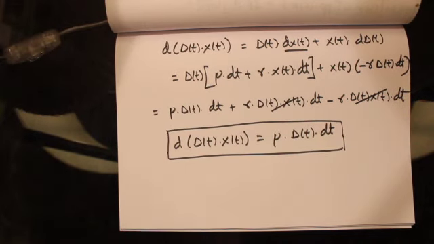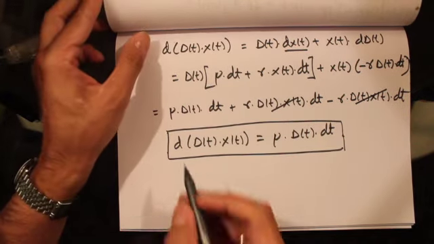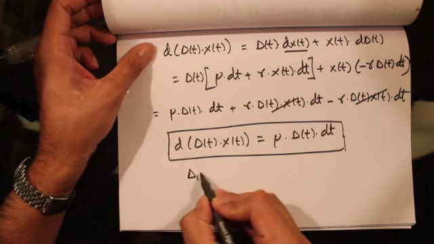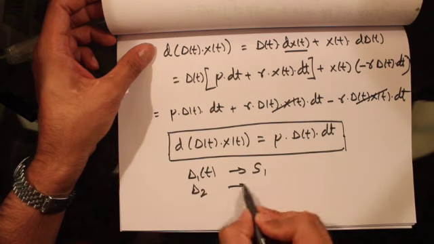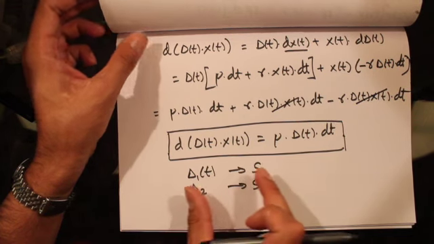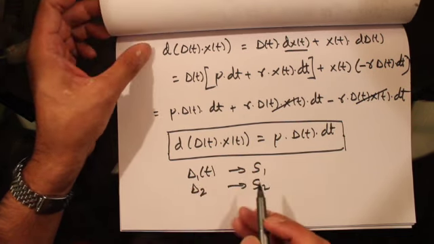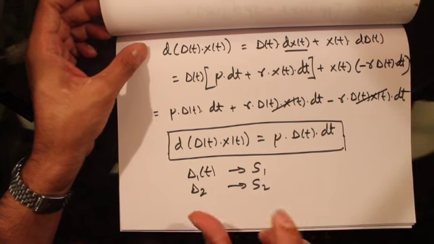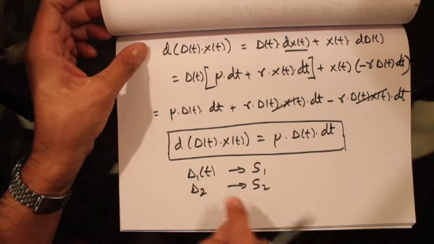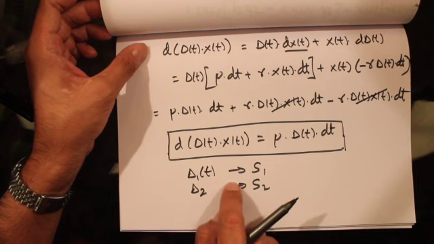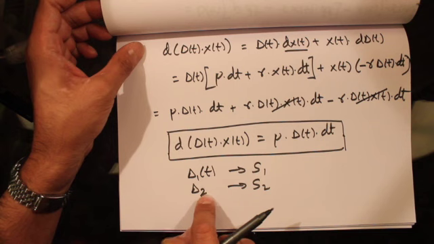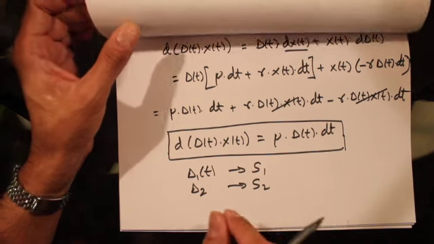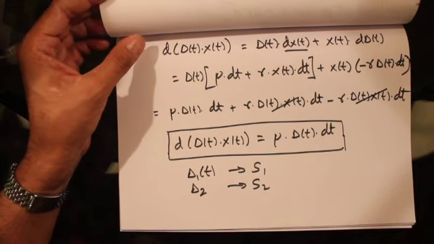Okay guys, so one thing to notice here is that we started with a portfolio. We took delta 1 position in S1, and then we took delta 2 position in S2, and we financed this position by taking a position in the money market account. Okay, so if we needed money to take this position, we borrowed money from the money market account, and if long one, short the other generated some cash, we invested that money in the money market account.